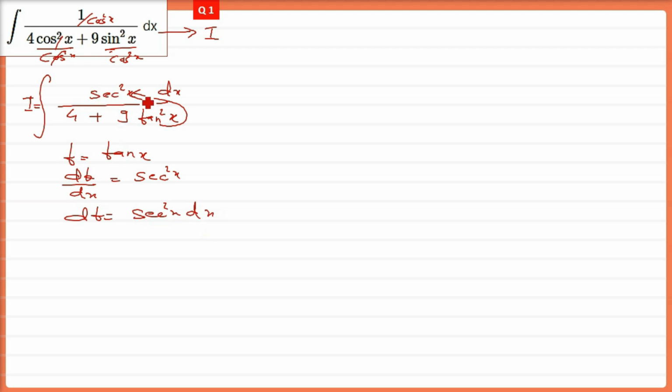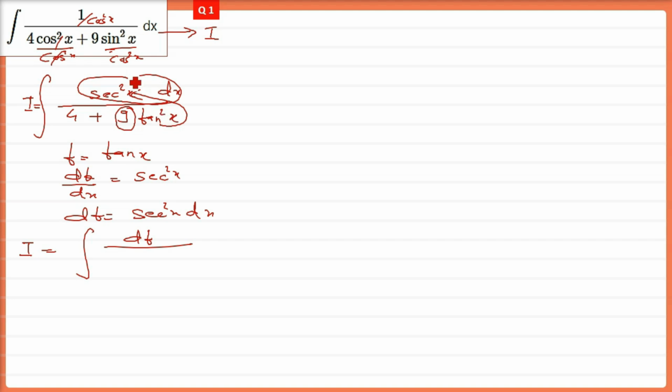Now you see the numerator of this expression, which we have formed by ourselves by dividing numerator and denominator by cos square x. This sec square x dx is with us. And that has come when we put tan x equals t, and incidentally tan x also came from dividing by cos square x. Now why is this 9 there?